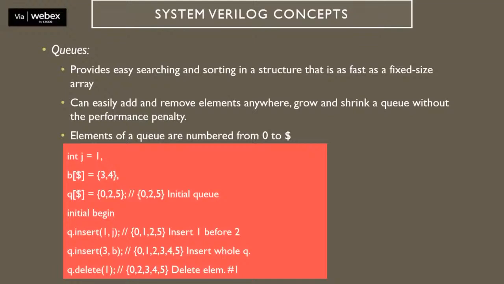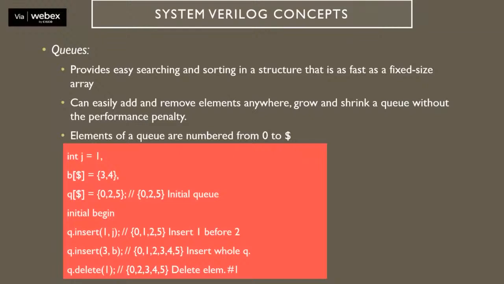Adding and removing of elements can be done anywhere during the operation. Then you have to go for initializing the array as a queue. When we go for queues, operations like searching and sorting will be easy and faster in comparison to fixed size arrays.